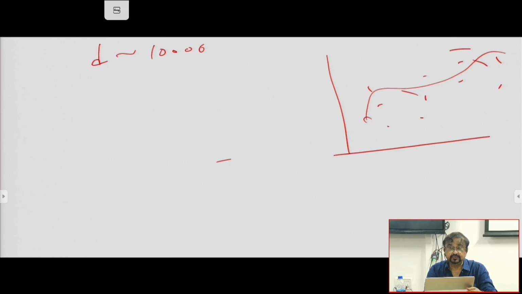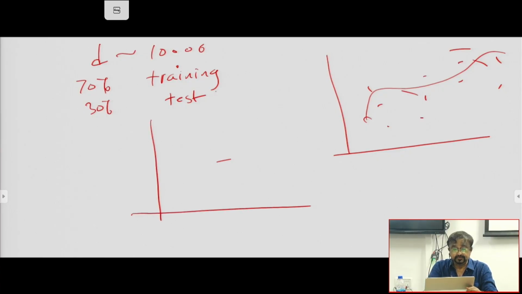So what I would do is I would keep about 70% of the data in what we call training data, and 30% as test data. And then what I do is try to look at my error.